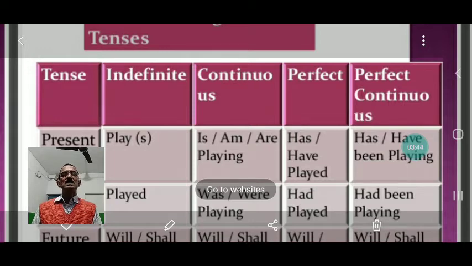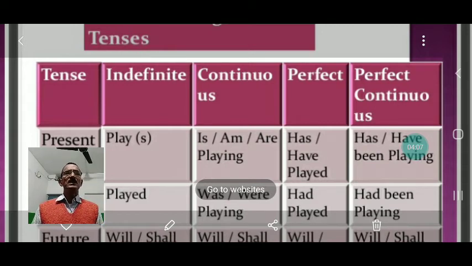And if it is third person singular number, then it is V5, that is plays. He plays, she plays, Ram plays, Gita plays. Or if it is I, we, you, they: I play, we play, you play, they play, like that.